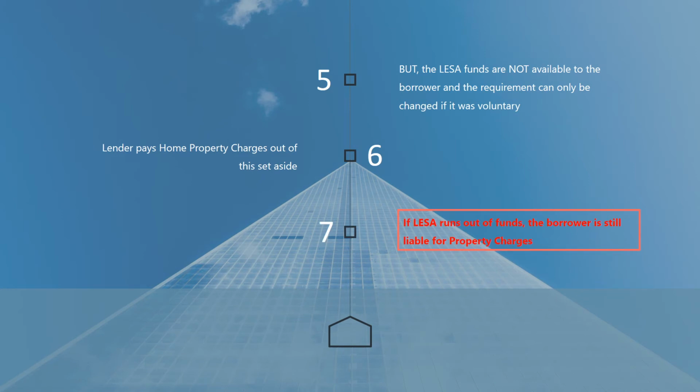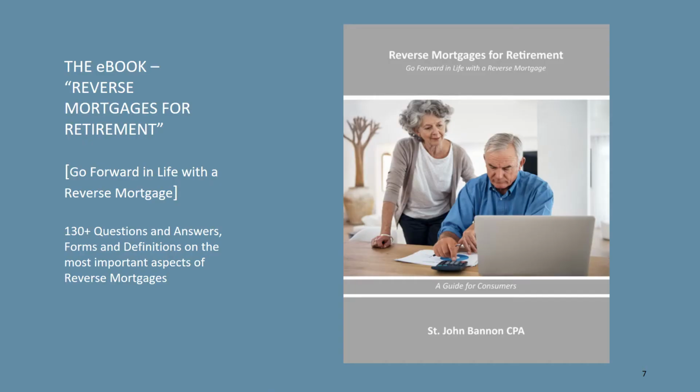The thing you have to remember, though, is if the LESA runs out of funds, the borrower is still liable for the property charges. So if your property charges keep increasing beyond the original estimate made by the lender, or you live longer than what the lender estimated, the LESA will run out of funds. And if so, the borrower is liable, not the lender.